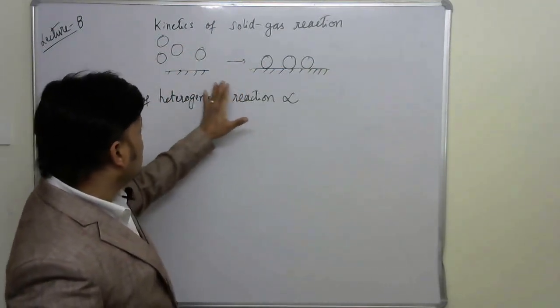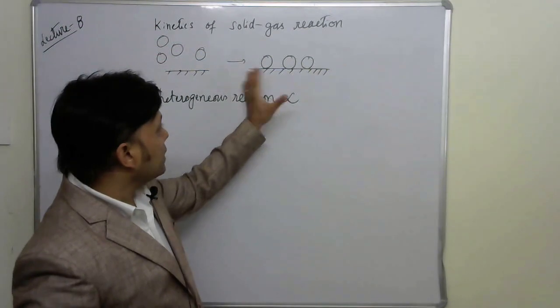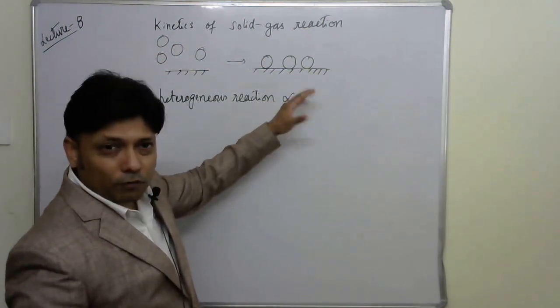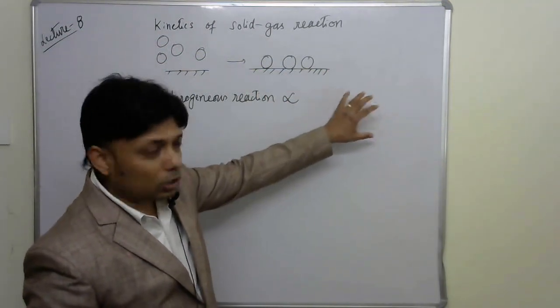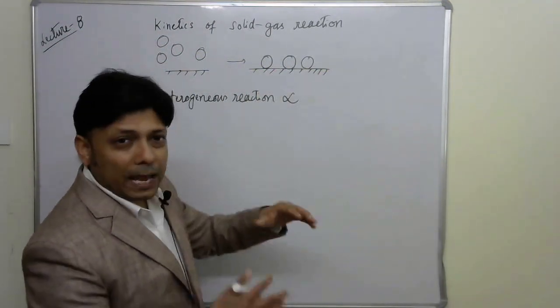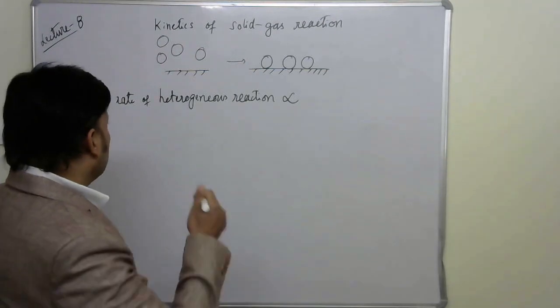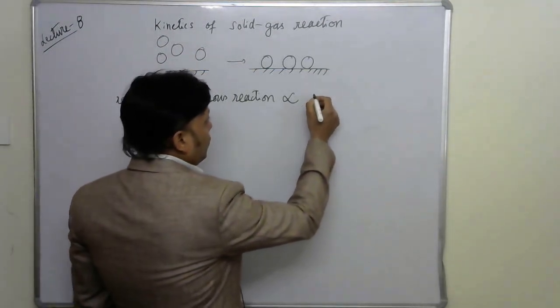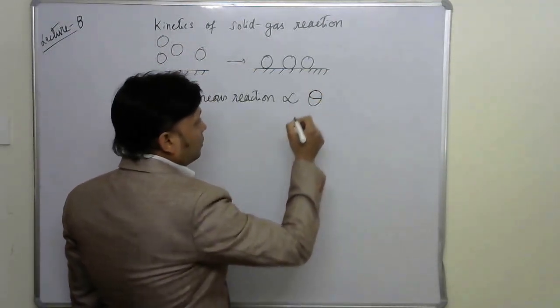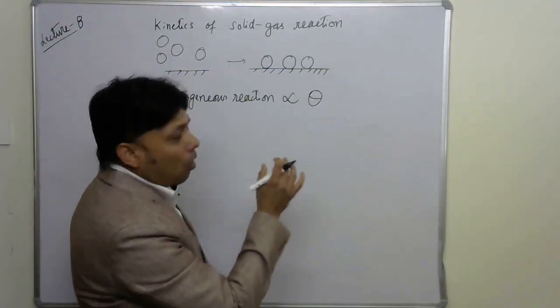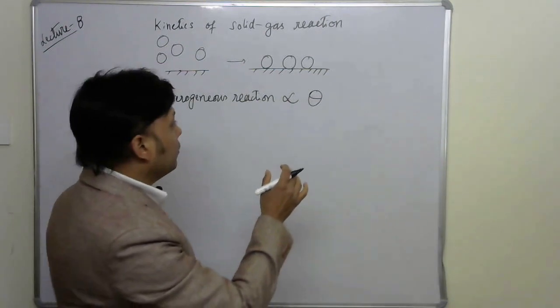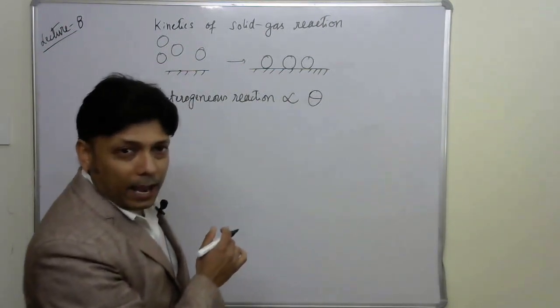But if there are more adsorbed gas molecules, obviously there will be a faster reaction, because before reaction you need the gas molecules to be adsorbed on the surface. Therefore the rate of heterogeneous reaction is directly proportional to theta, the fraction of the surface occupied by adsorbed gas molecules.